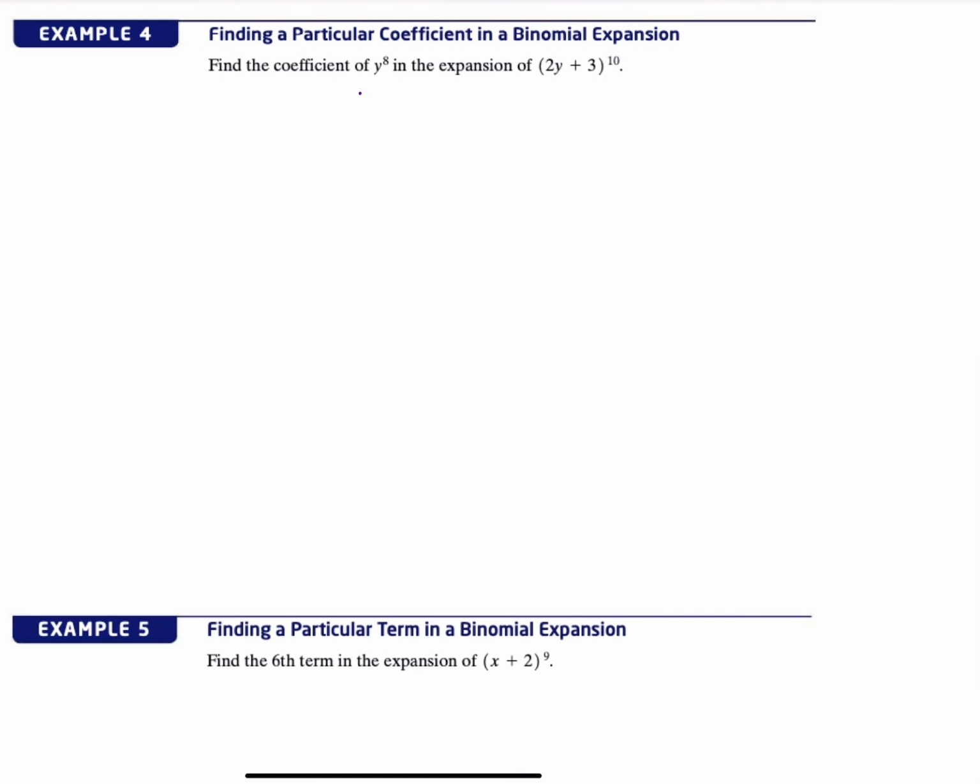This asks us for the coefficient of y to the 8 in the expansion of 2y plus 3 to the 10th power. So we want to find the coefficient of y to the 8.